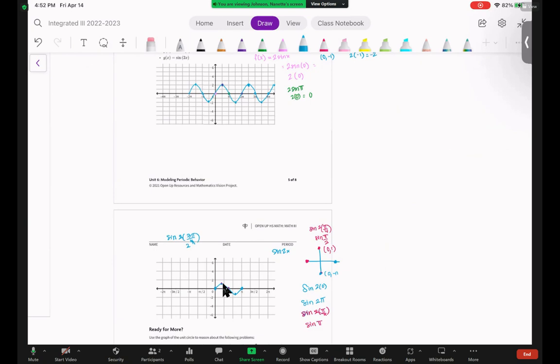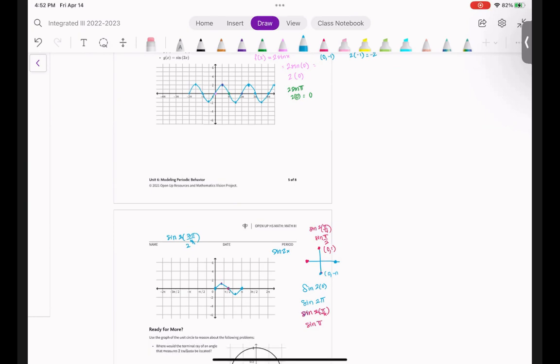This amplitude only goes as high as 1 and as low as negative 1. The other thing I noticed, to complete a full cycle, it took 2 pi long. It went from 0 to 2 pi and it completed a cycle. Here, it completed a cycle from 0 to pi. So those were your big, like, what is happening, Miss Johnson? What are the big things that we were supposed to get out of that?